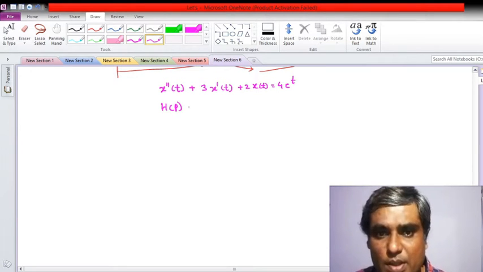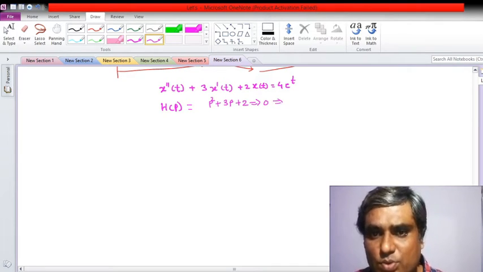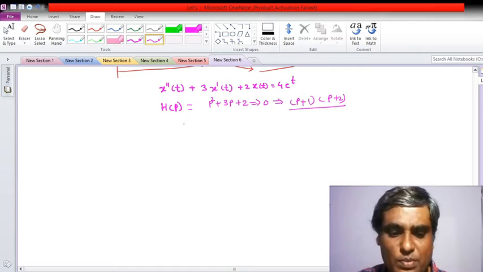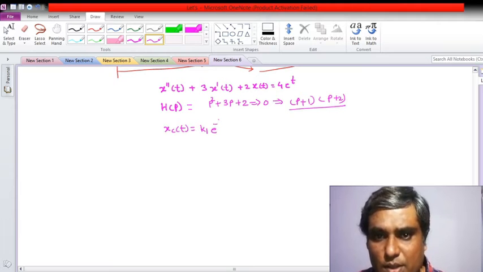H of p is equal to p square plus 3p plus 2, and the roots will be p plus 1 and p plus 2. First you can find out the complementary solution. It will be k1 e raised to minus t plus k2 e raised to minus 2t.